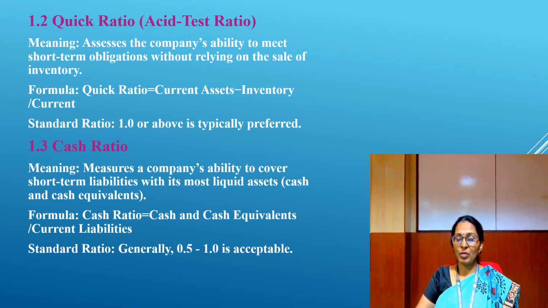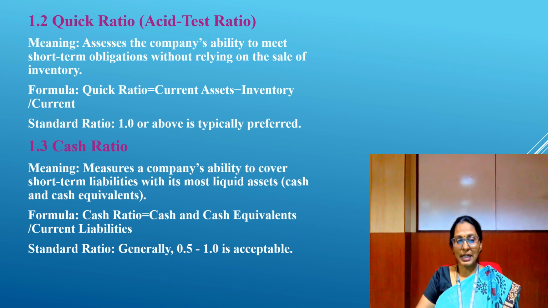One more asset we exclude while calculating the quick ratio is prepaid expenses. Prepaid expenses are already paid in advance, so we are not going to get any money out of it. It's only an asset because some expenses have been paid in advance.